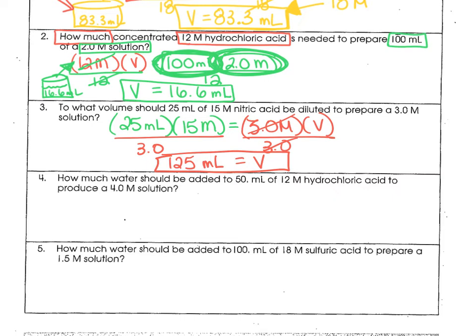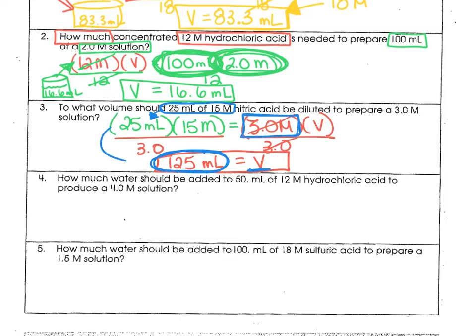So for the next one, if I go into my back storeroom and I grab 25 milliliters of a 15 molarity solution, I would have to add 100 milliliters of water so that I would get up to 125 milliliters for my new volume to get that diluted down to a 3.0 molarity.